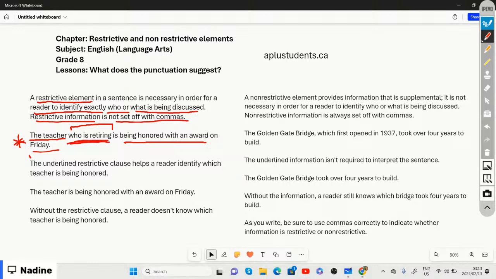Now at least we can identify who is being honored with an award, because we know it's the one who is retiring. But if we just say the teacher is being honored with an award, then the reader doesn't know which teacher is being honored.